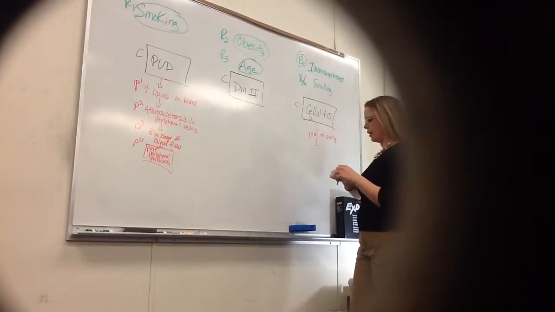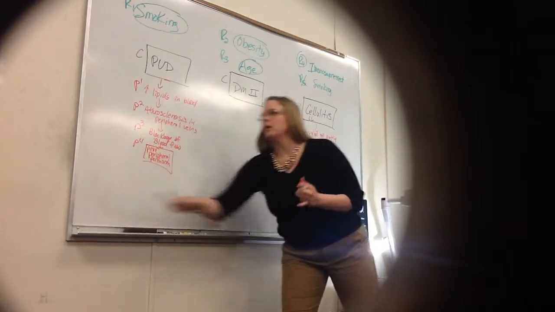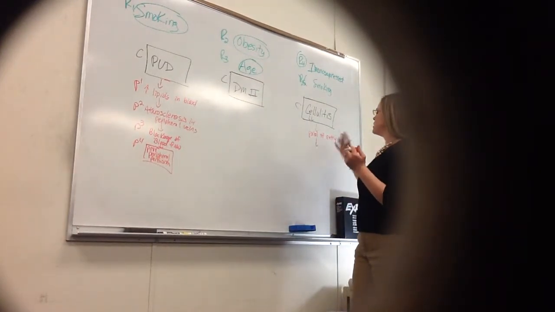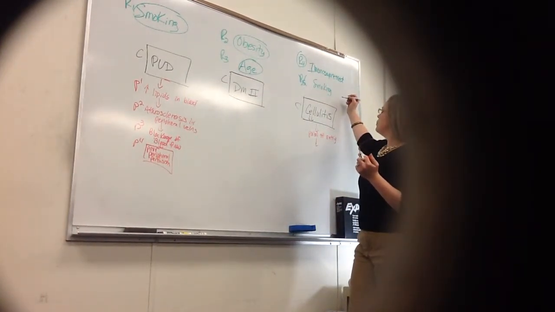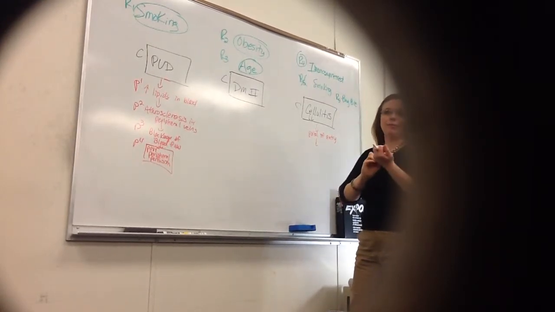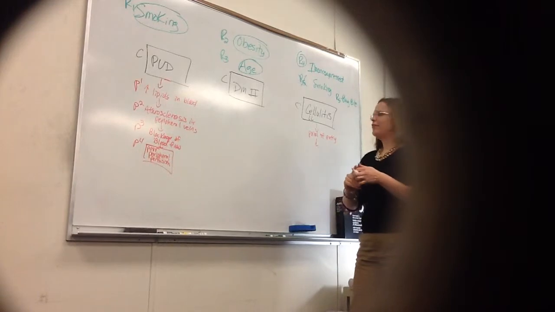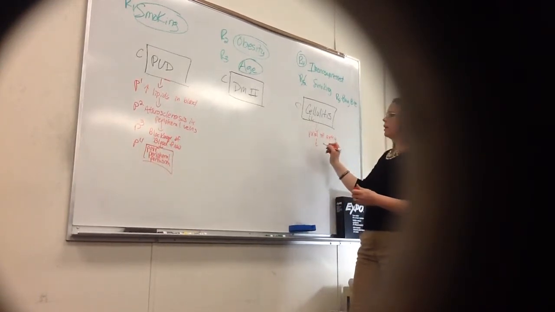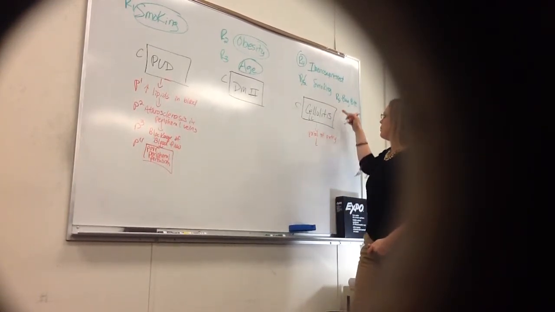And up here, maybe I could put risk factor. This happens a lot. It could be a bug bite. That's my risk factor, that the bug bite happened. Does that make sense? So your bug bite is a risk factor.